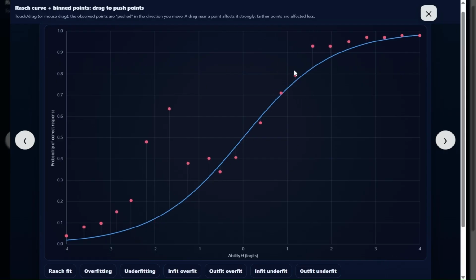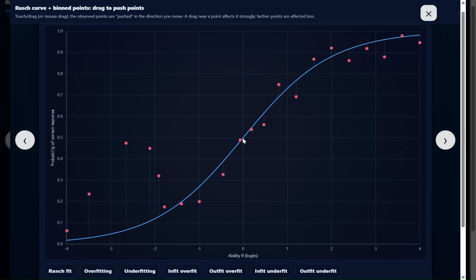This area in the middle is called the infit area. The area in the middle is the area near the difficulty of the question. We said the difficulty of the question is where we have the point of 0.5 probability, where the curve intersects.